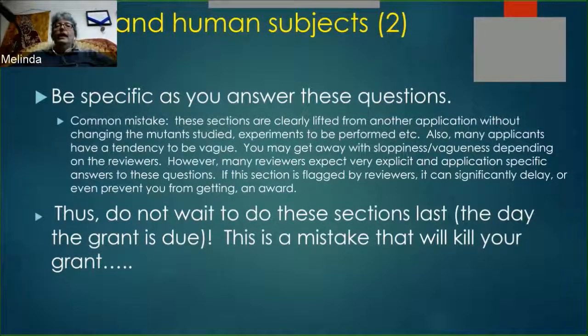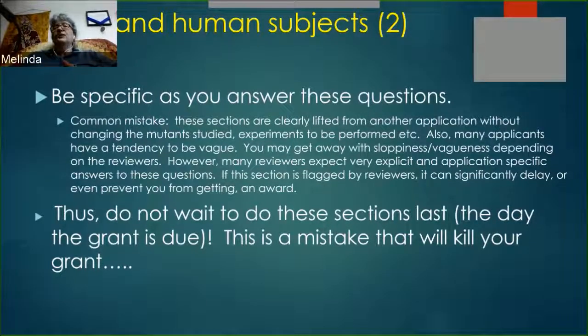However, the reviewer can tell if it's clearly lifted from another application if you're not careful. For animal work, let's say you were studying a certain mouse mutant in a previous project, and if you don't fix the boilerplate for the new mouse mutant, it's like, no, you explained how you're going to work with this mouse mutant, or you explained a particular surgical procedure that is not used in the body of the grant. That can really mess you up.